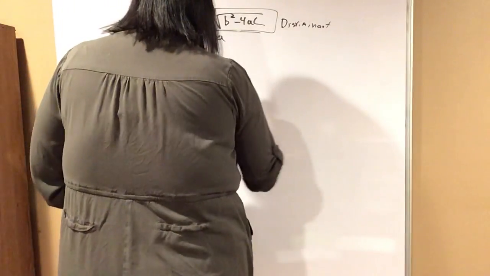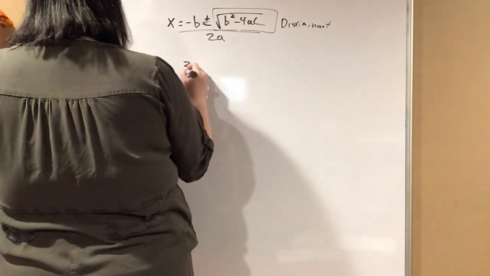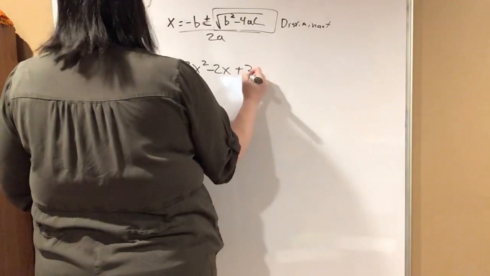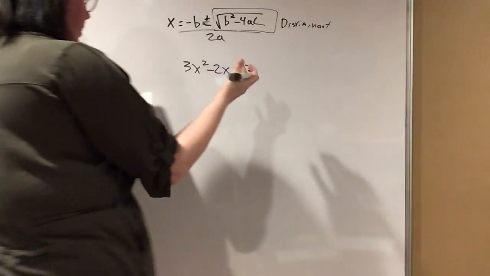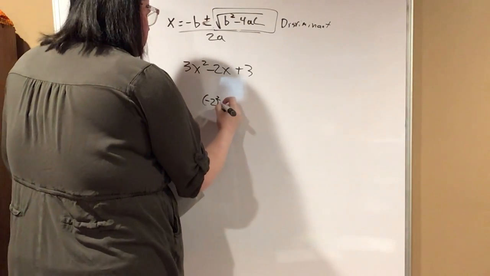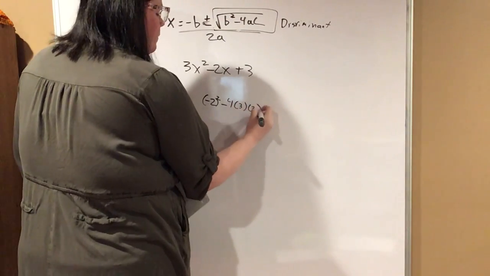If I'm given one like this, 3x squared minus 2x plus 3, I'm going to use my discriminant right here: negative 2 squared minus 4 times 3 times 3.